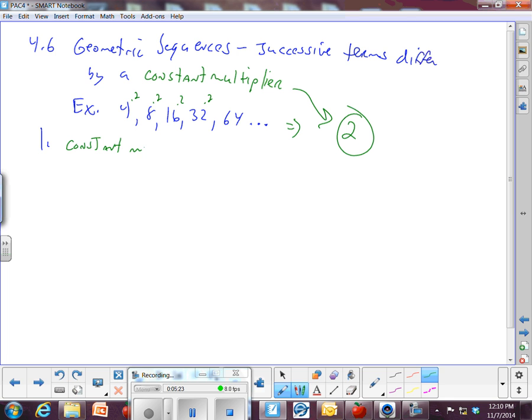The constant multiplier is also called the common ratio. And for a common ratio, we would use the lowercase letter, what would you guess? R. It's R.